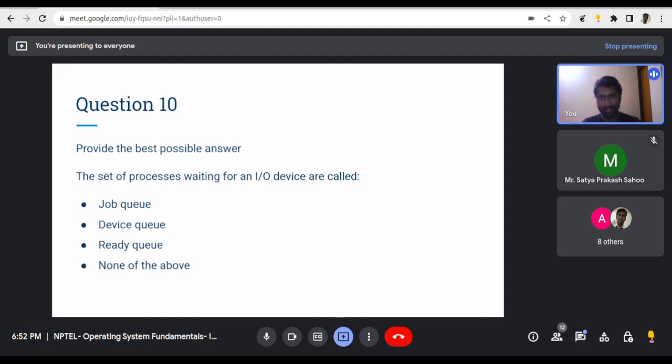So the set of processes waiting for an IO device are called. So where is the set of processes that are waiting for the IO device present? Is it present in the job queue? Is it present in the device queue? Is it present in the ready queue, or none of the above?